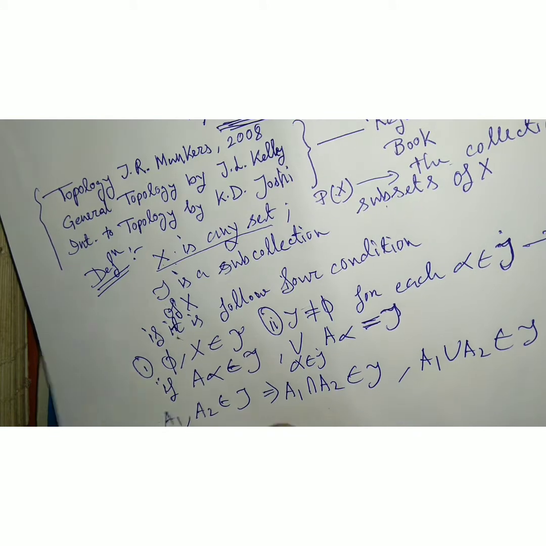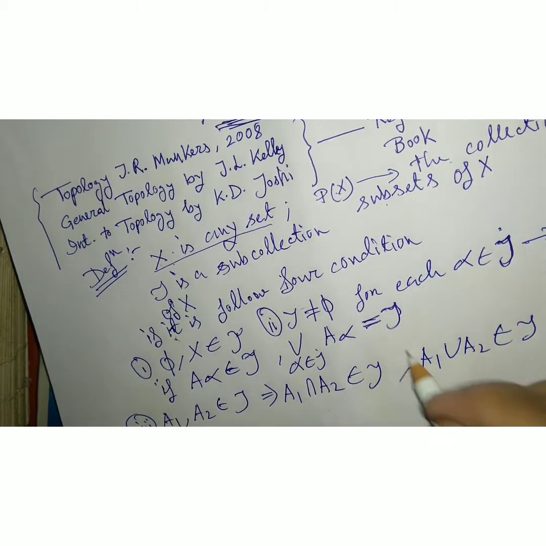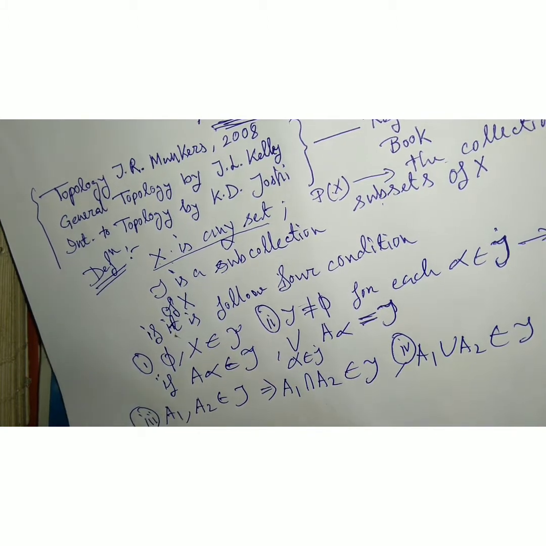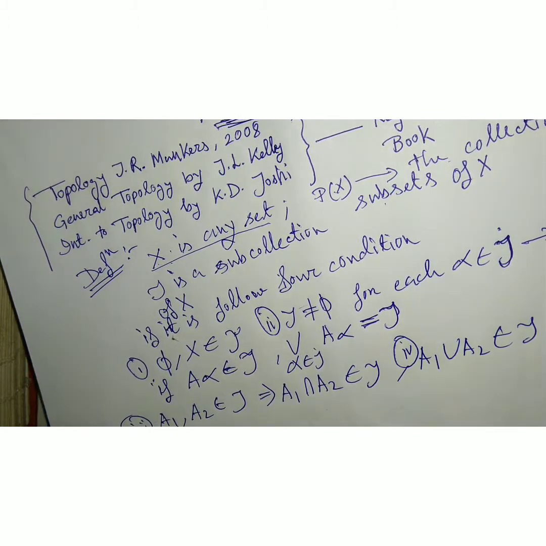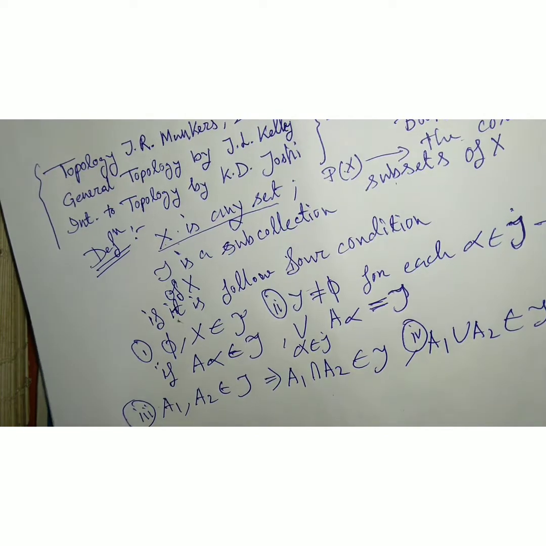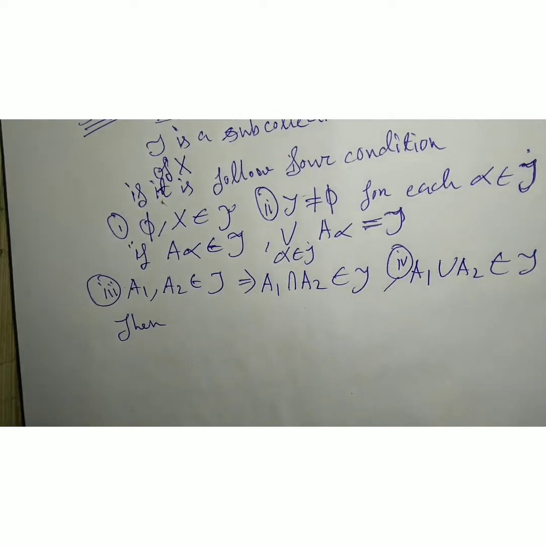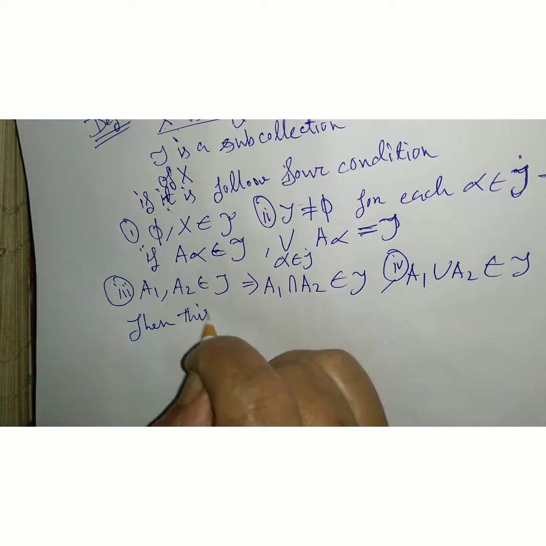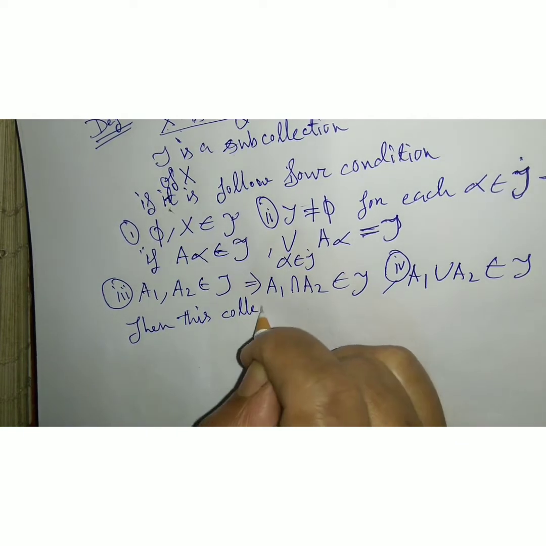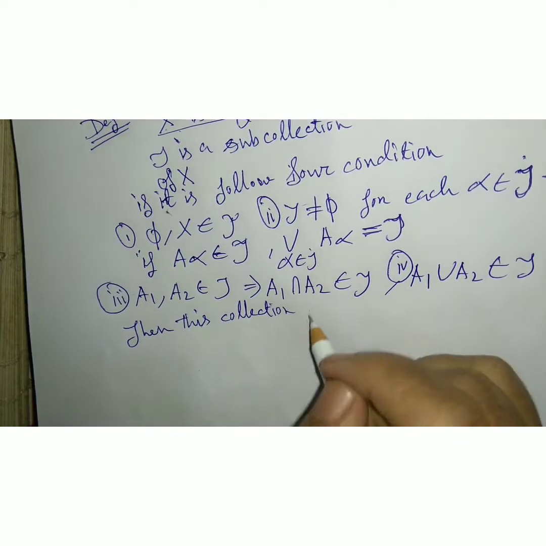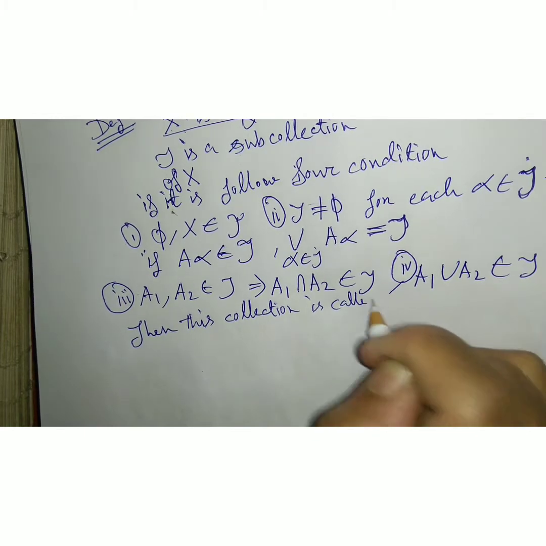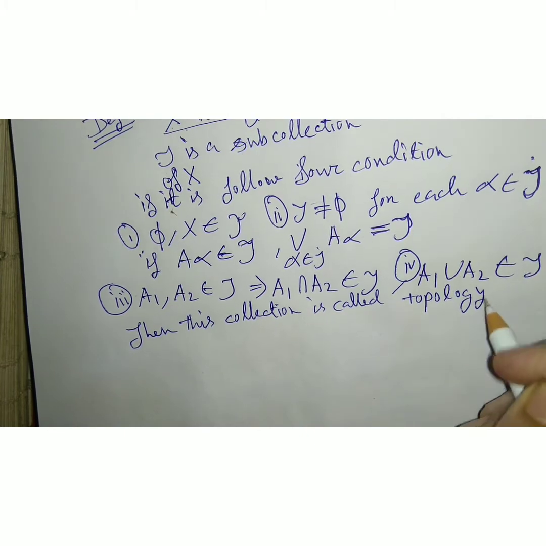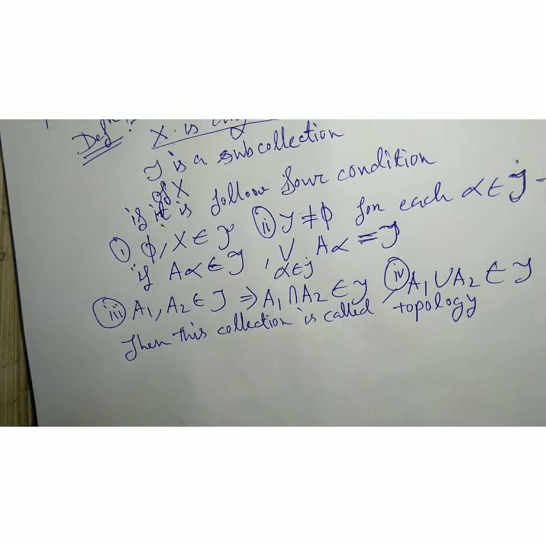This is the third property and this is the fourth property. Then this collection is called a topology.